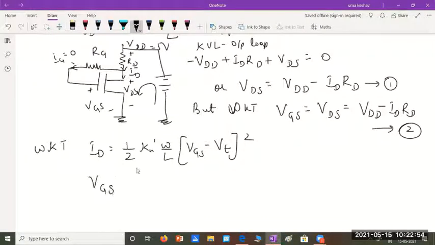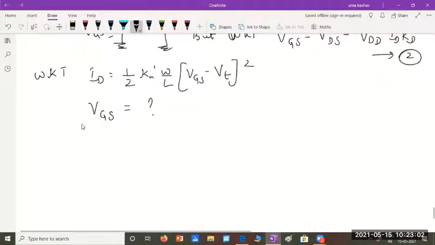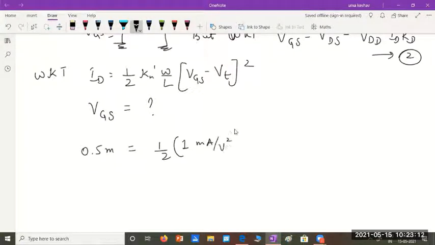We don't know the value of VGS. You have to find VGS, so substitute all the other values. See, ID is given as 0.5 milliamps. This Kn dash W by L is 1 milliampere per volt square.